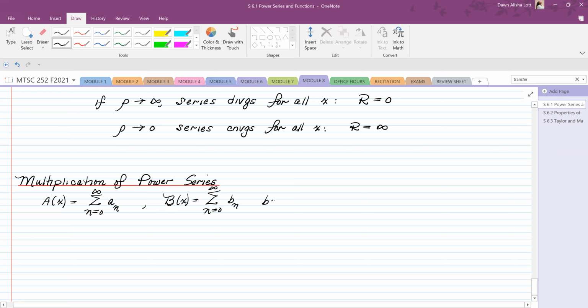Both converge for the absolute value of x less than a common radius of convergence.